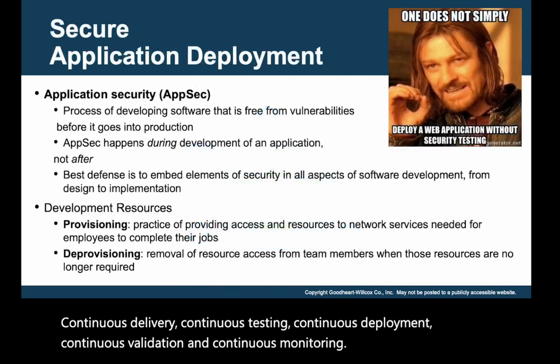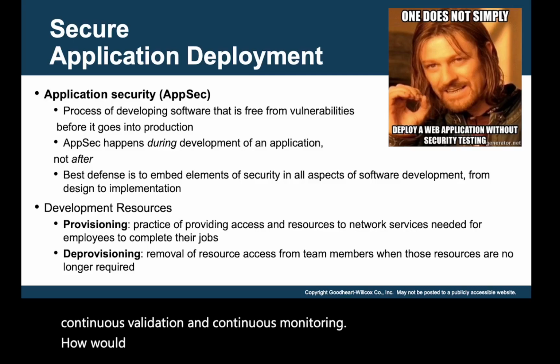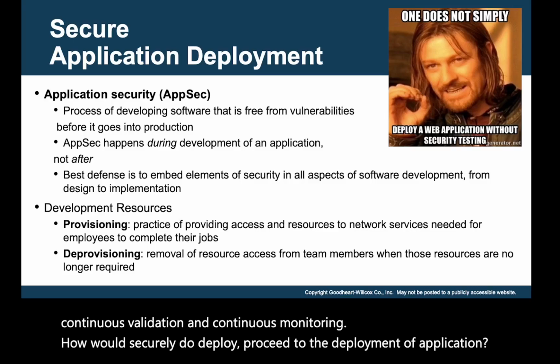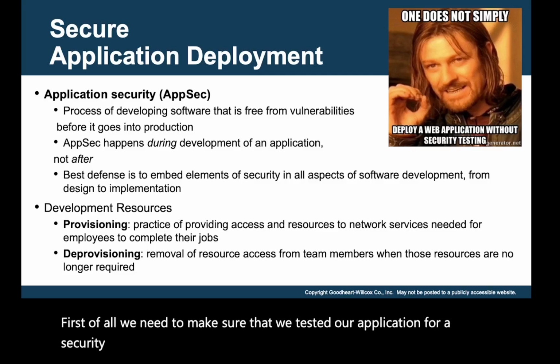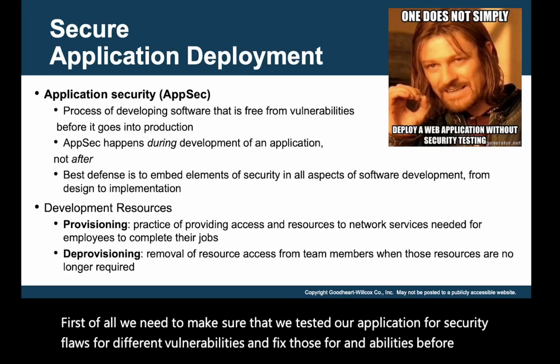How would we securely proceed to the deployment of an application? First of all, we need to make sure that we tested our application for security flaws and different vulnerabilities, and fix those vulnerabilities before the application is released to the end user.